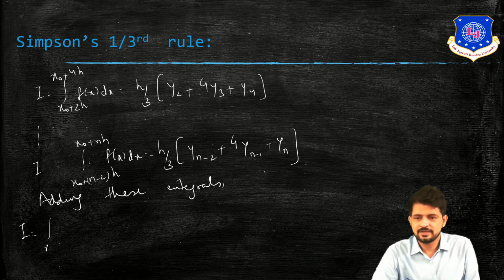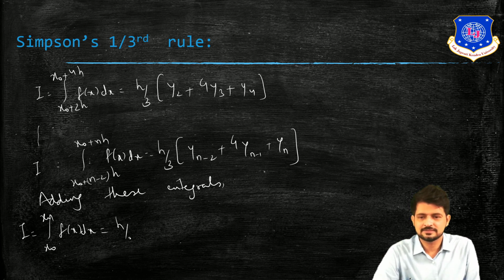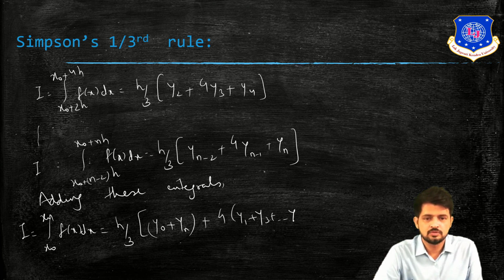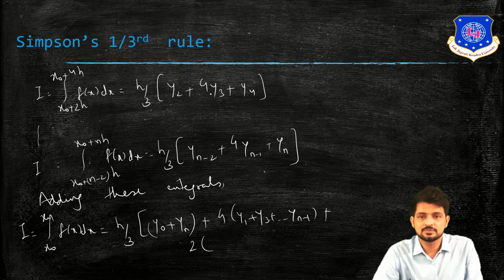Integration from x0 to xn, f of x dx can be written as h by 3, first term plus last term. In the integrals, the first and the last term come only one time, plus 4 into the summation of the odd terms, y1 plus y3 up to yn minus 1, plus 2 into the sum of the even terms, because the even terms come two times.